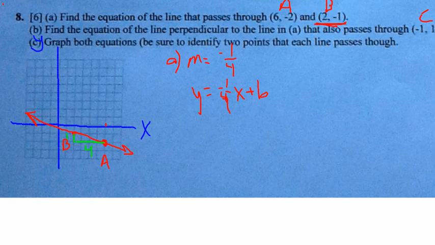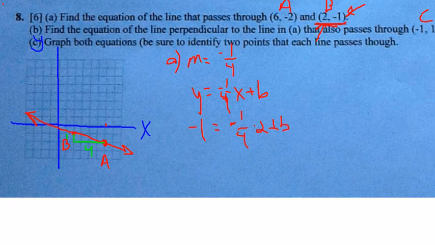So this is my y coordinate, -1, so I replace y with -1, and 2 is my x coordinate, so I replace x with 2, and I get -1 equals -1/4 times 2 plus b. As I multiply these fractions on the right side, I get -1/2.